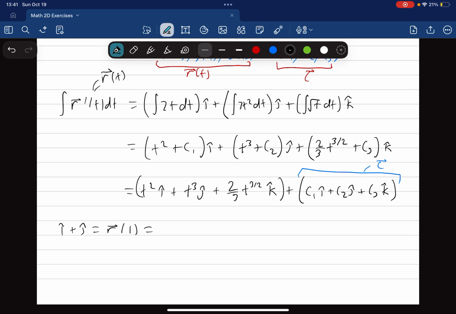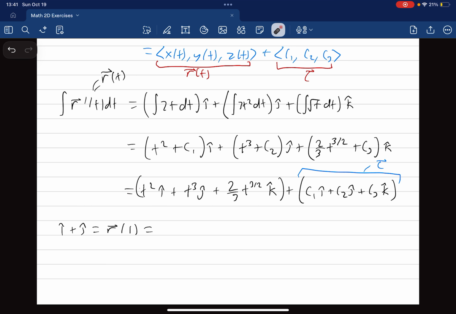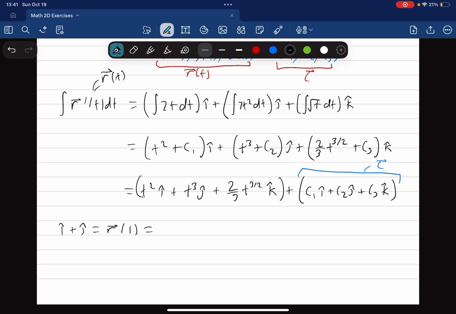On the other hand, using the expression we just found, in the parentheses it's going to be i hat plus j hat plus 2/3 k hat, just plugging in 1 for each of the parameters t. And then on the right, we're going to get c1 i hat plus c2 j hat plus c3 k hat.